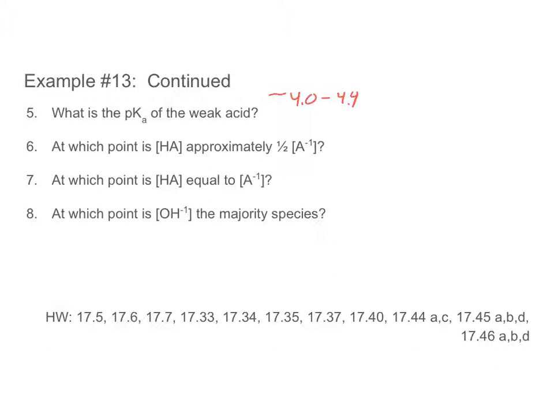So the issue that you have to remember is that the reason why the pKa of a weak acid is equal to the pH is because the concentration of the weak acid is equal to the concentration of the conjugate base at the half equivalence point.